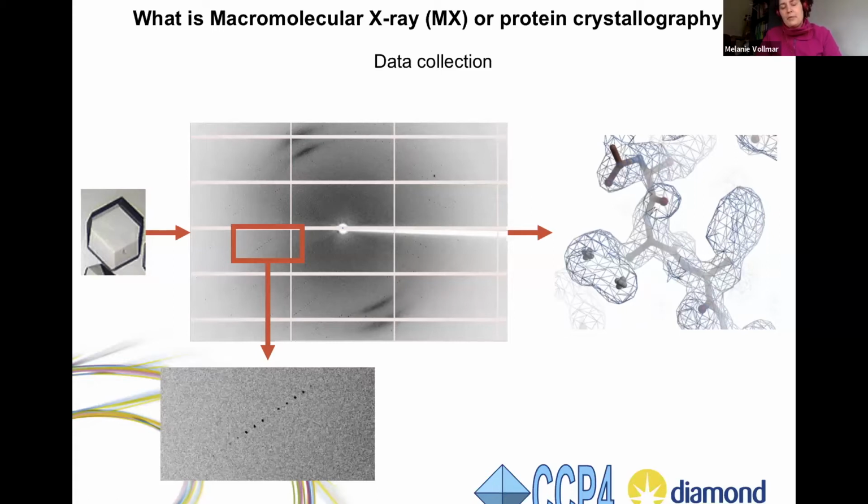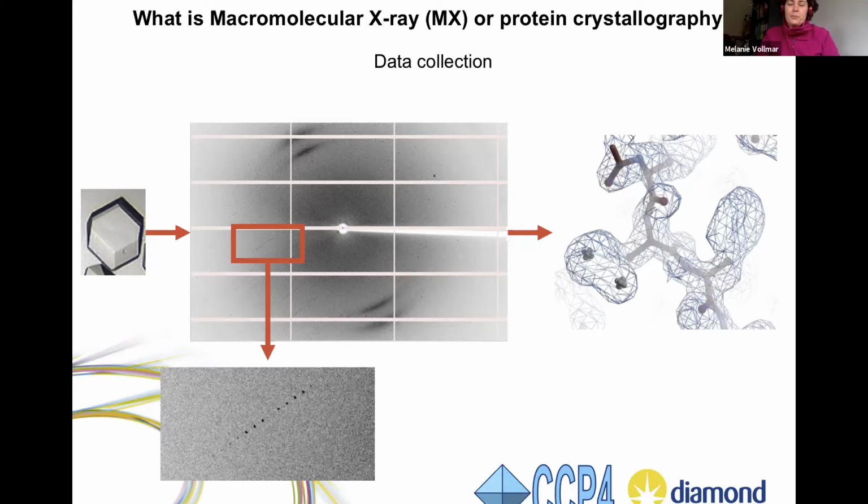In experimental phasing, we introduce a heavy atom, or we use some atoms that are naturally part of the protein, to basically collect the before-after data sets and have a phase shift in between.